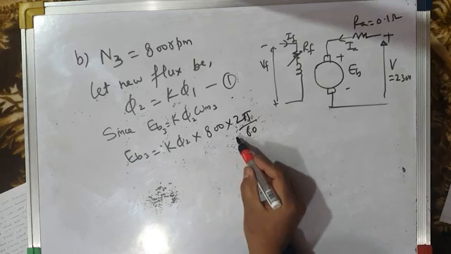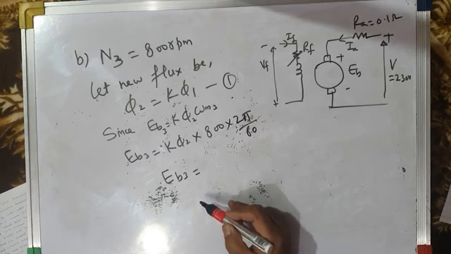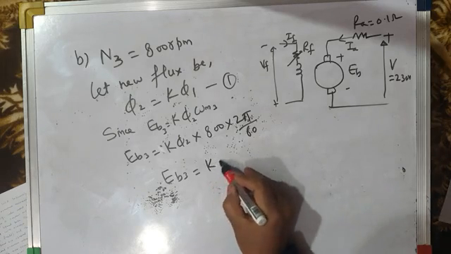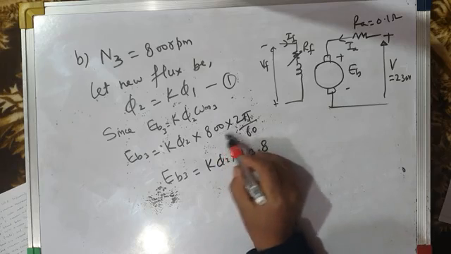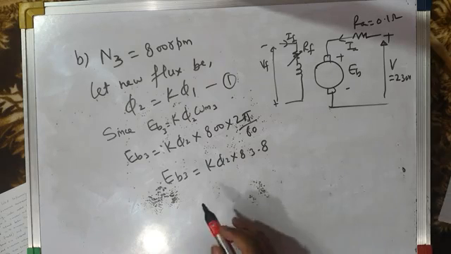Okay, so this will give you speed in radians per second. So EB3 comes out to be, I have calculated it, let me give you the value, K phi 2 into 83.8, because this 800 into 2 pi by 60 is 83.8 radians per second. Okay. So this is EB3.